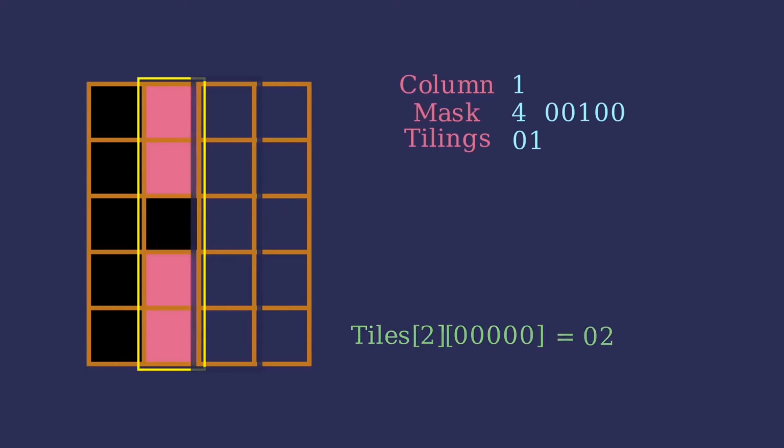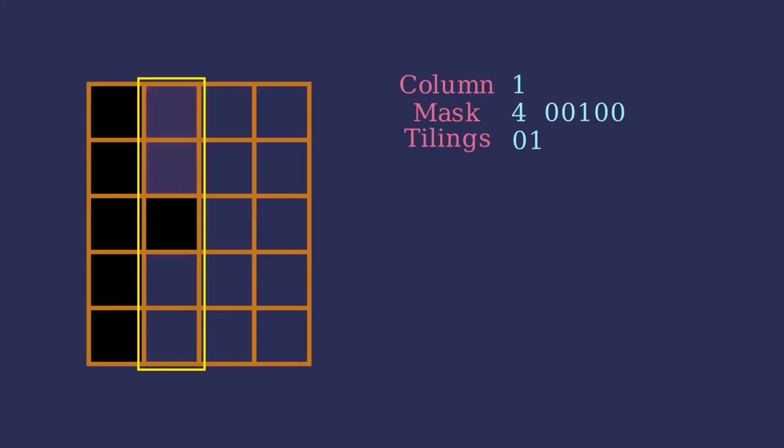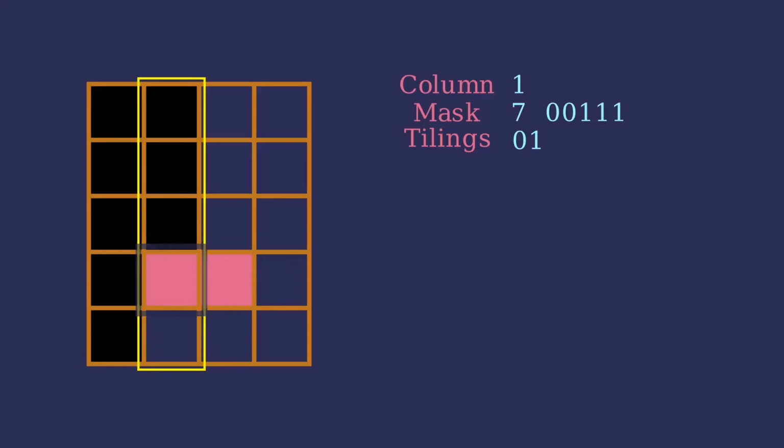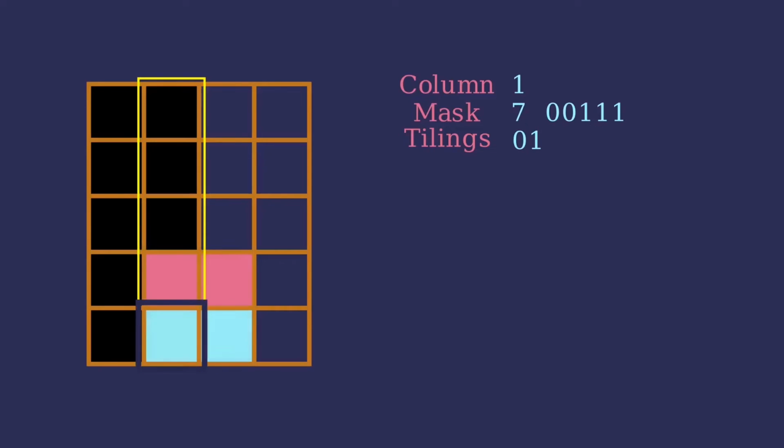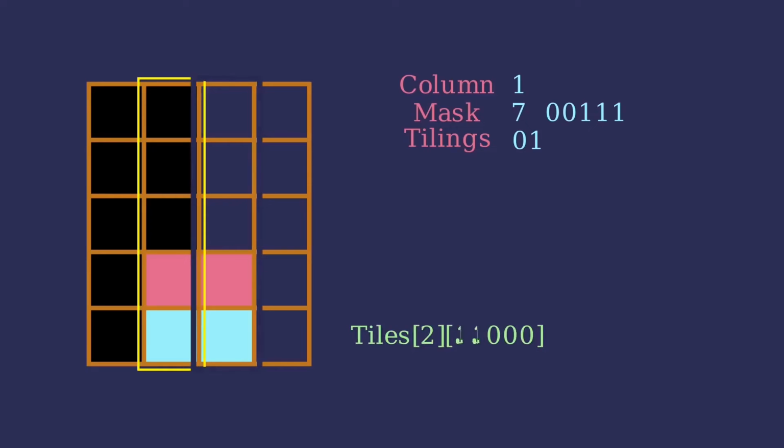Notice that the value here was already not 0. Next, I will process the next mask. The first 3 tiles are already occupied, so I only need to backtrack through the 2 last tiles, and it will generate 2 new transitions.